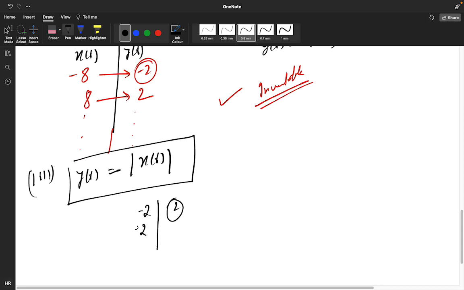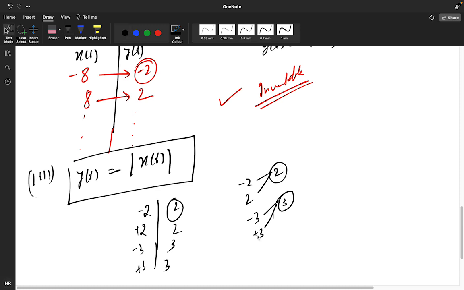If you give +2, 2; -3, 3; +3, 3. So -2 and 2 both have a single output only, -3 and +3 both have a single output only. So this is non-invertible.